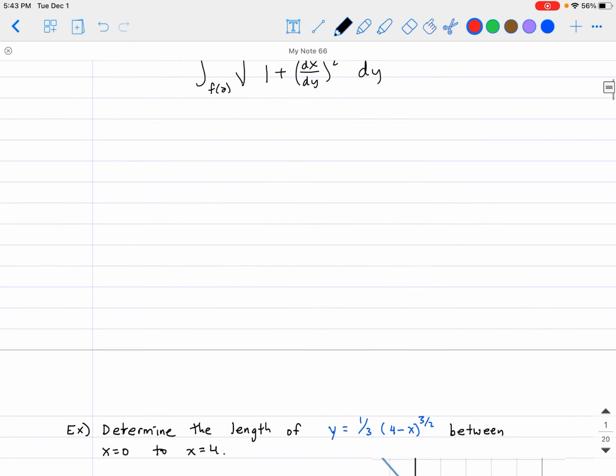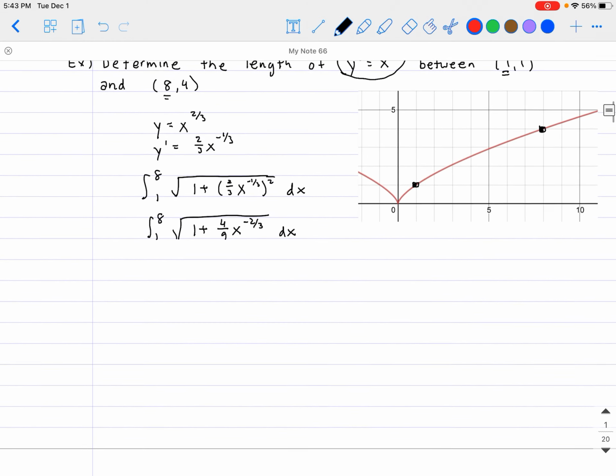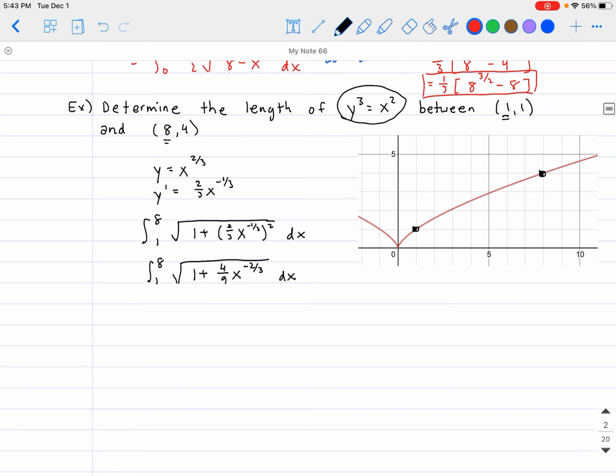Now, in terms of how that works out in our problem over here, we're going to go ahead and solve for x instead and then take the derivative. So let me put this on the side. It's not wrong, but again, I would like to solve for this if possible. So x, according to our equation, is going to be equal to y raised to the power of 3 over 2.